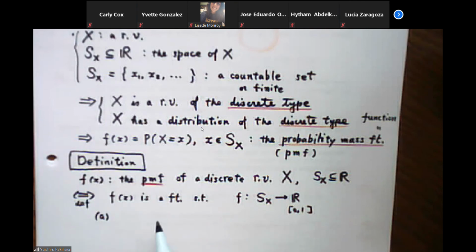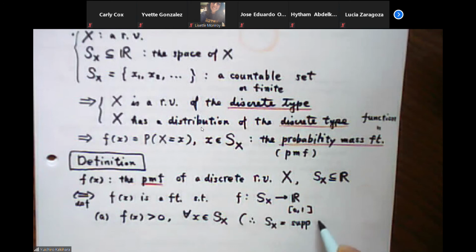So three things. First, f of x, this probability is positive, true for any x in the S sub x. And so necessarily we can say that this set is the support of the function f. Support is denoted as supp, support of f.